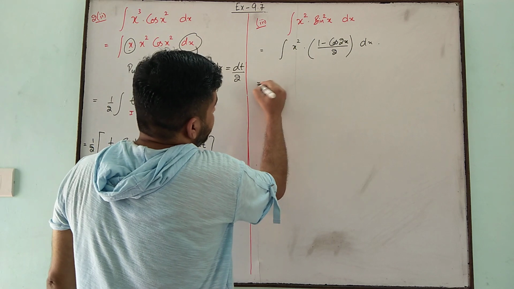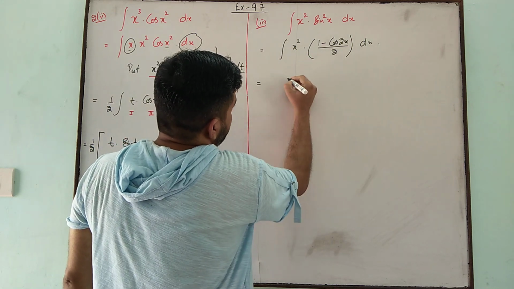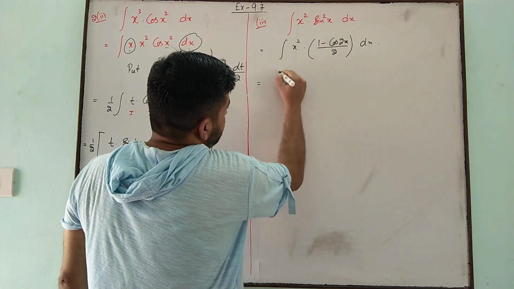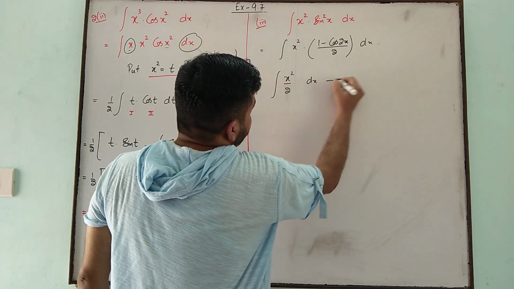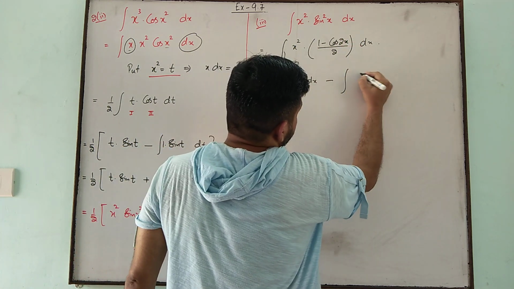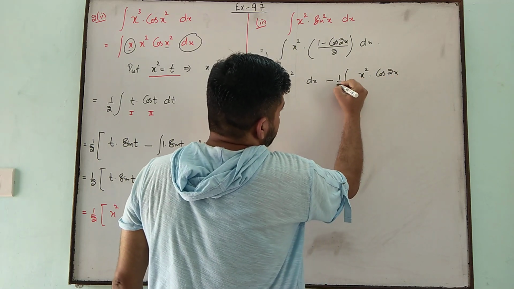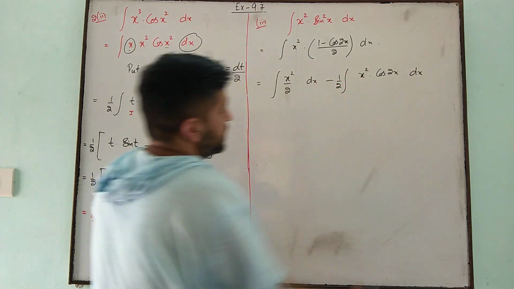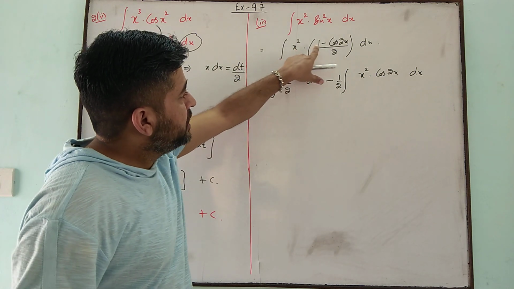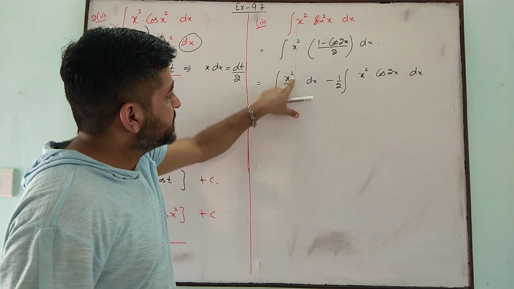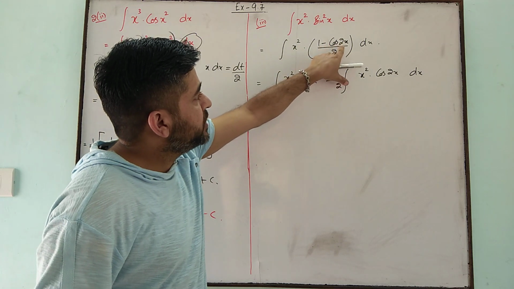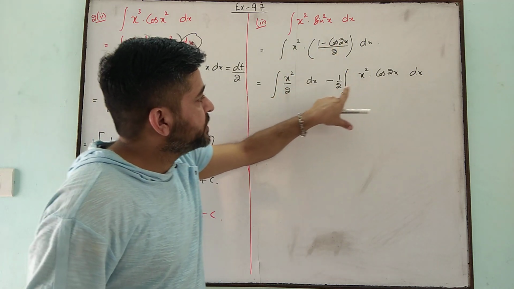So now just separate it. 1 is x square upon 2, and the other will be x square into cos 2x upon 2. See, one is x square into 1 upon 2, so x square upon 2, and one is x square into cos 2x upon 2.